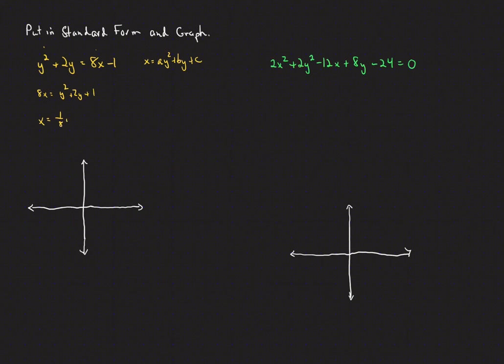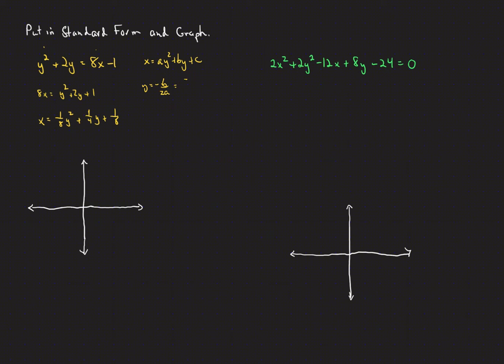We're going to go 1/8 y squared plus 2/8, or 1/4, y plus 1/8. Now we know that our vertex is going to have y coordinate y equals negative b over 2a.